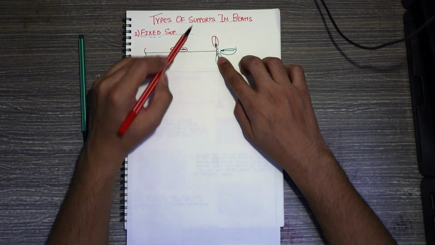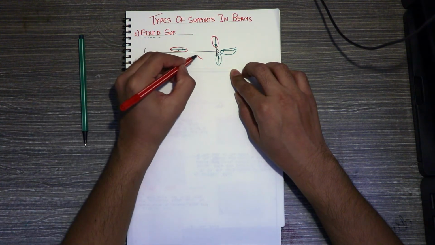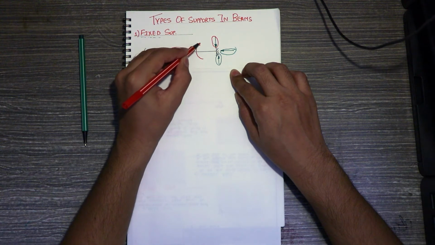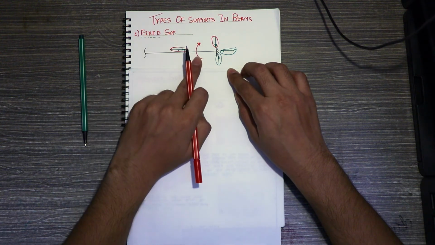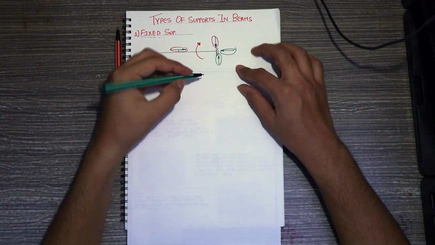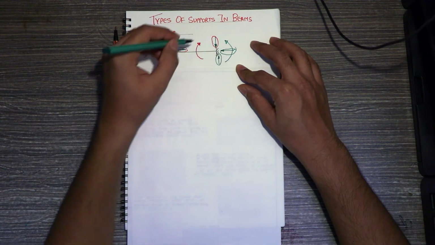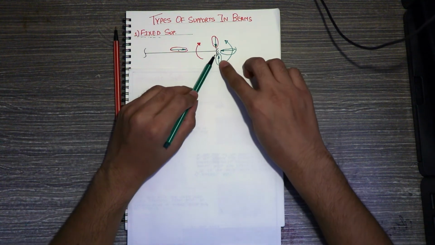Now we will try to rotate this joint. If I apply, for example, a force in the form of a moment in a clockwise direction over here, then at this joint a reaction will be formed which will be in the opposite direction of the force initiated.